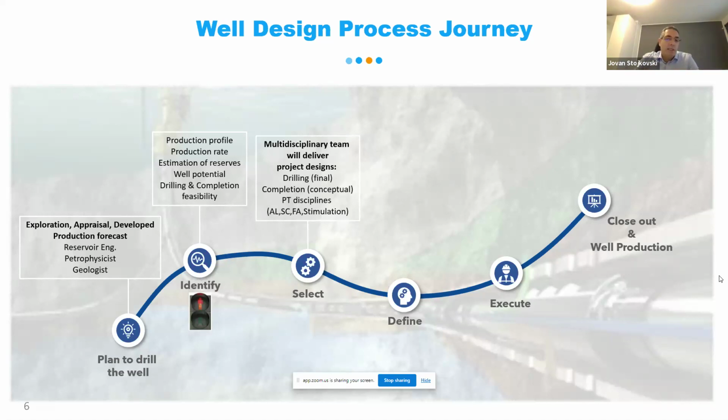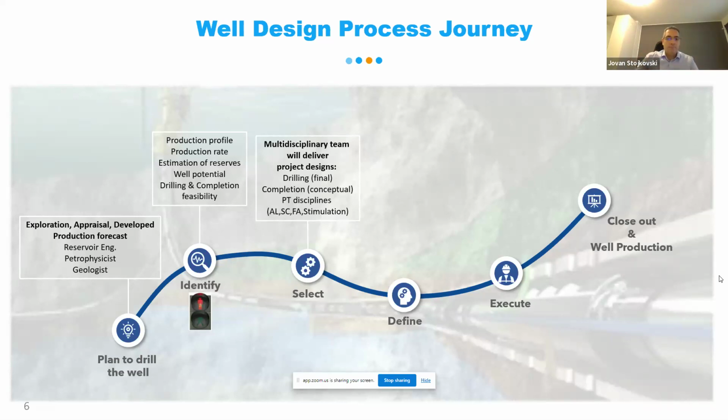I will speak about this later on, but at this moment we already have a green light to drill the well, but then we need to have so many engineers working together in one place. I will explain later how this works and how it looks in reality from the position of the completion engineer.